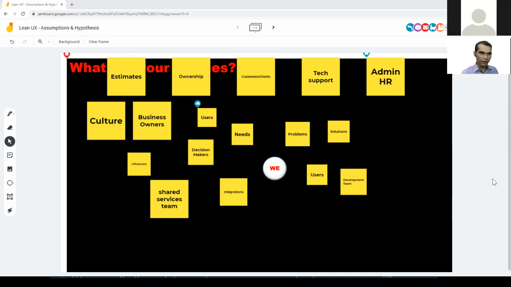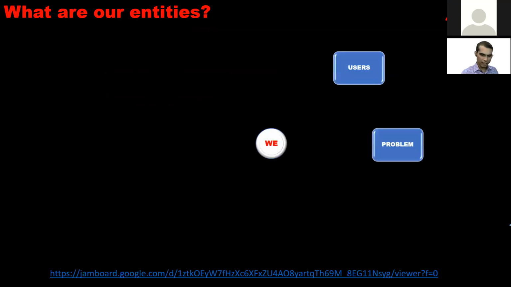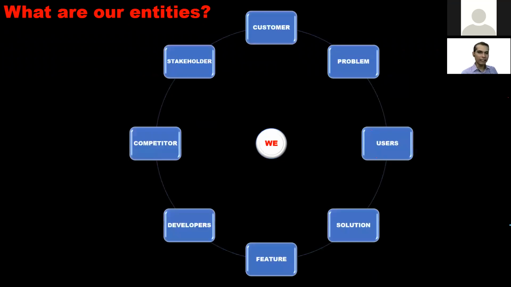Great, let's continue for the benefit of time. Most of you have got most of the entities. In fact, I might not have covered a few of those which you have covered, but yes, the dimensions are infinite. In the example that I'll be taking, the entities are customers, problems, users, solution, feature, developers, competitor, stakeholder.